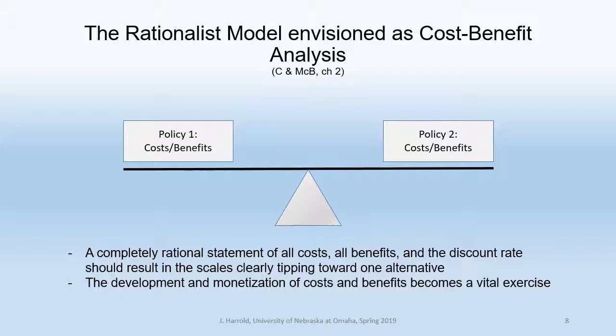So what cost-benefit analysis gives us is a completely rational statement of all the costs, all the benefits, and we apply something like a discount rate over time so that we can understand basically the ratio of benefits over costs, or costs over benefits, however we want to state it. And so we have this ratio and these dollar figures that tell us the best policy alternative.